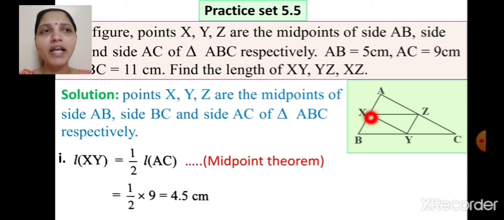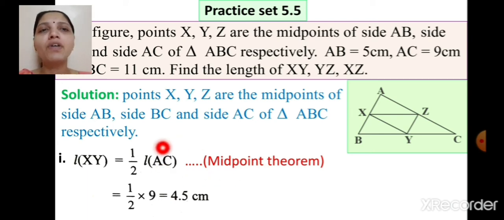We have seen that if X is the midpoint of AB and Y is the midpoint of BC, then this segment XY is parallel to the third side, that is AC, and it is half of it. That means the length of XY is equal to half the length of AC. Reason: you will write as the midpoint theorem.